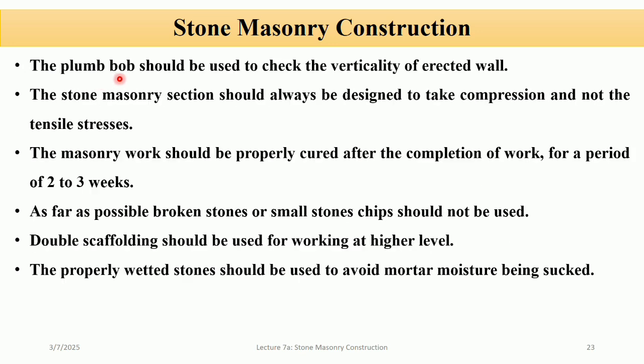Use a plumb bob to check verticality of the wall, and design stone masonry to withstand compression, not tension. Avoid small broken stones. Ensure proper curing for 2 to 3 weeks. Use double scaffolding at heights and wet stones before use.